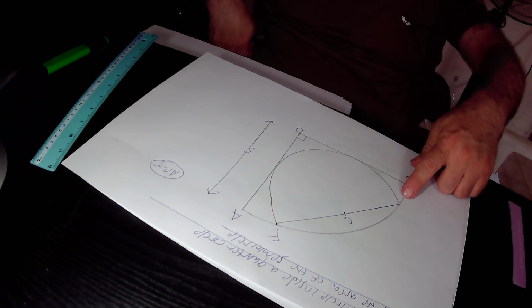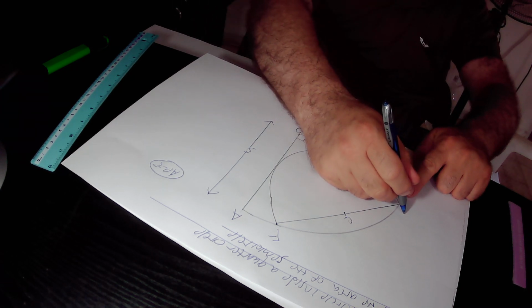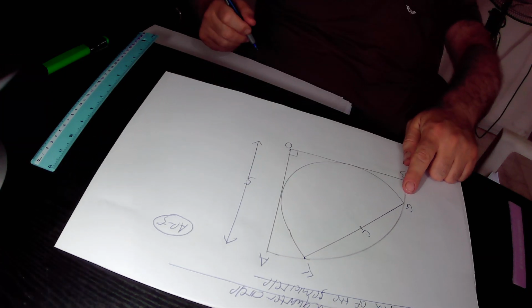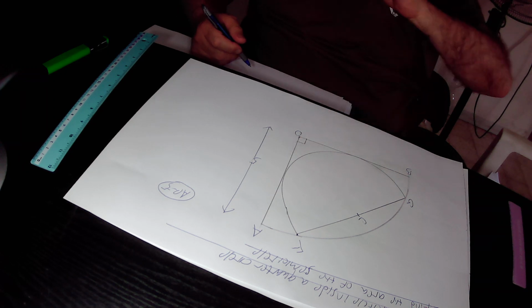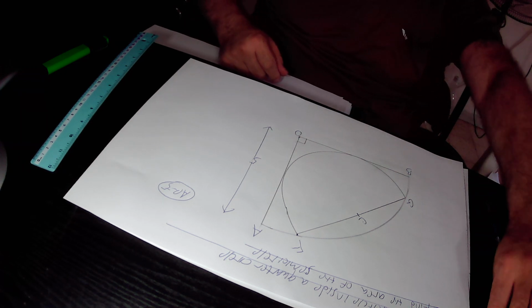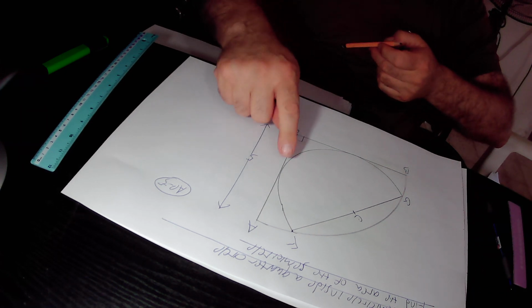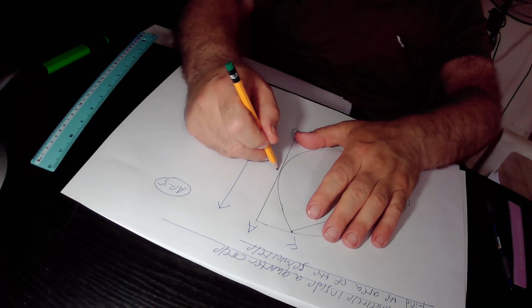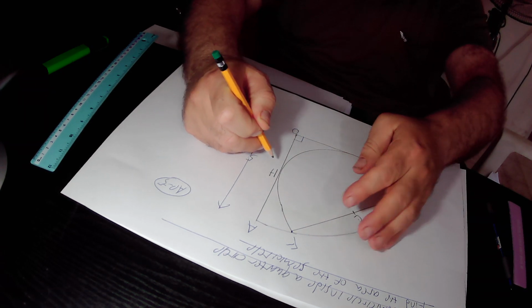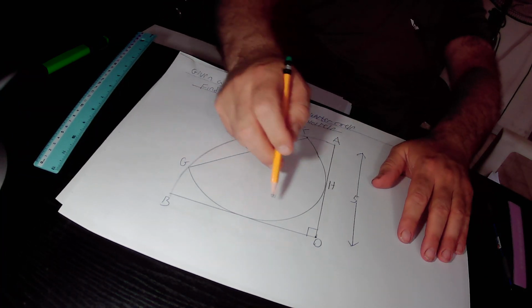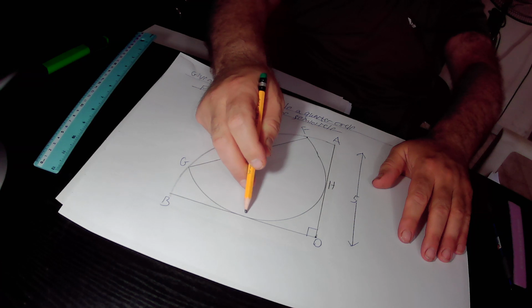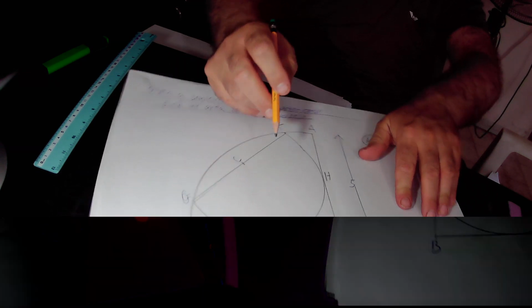This point is point G. We will define the point of tangency of tangent AO with this semicircle. This point is point H. And finally, we will define the point of tangency of tangent BO with this semicircle. This point is point L.